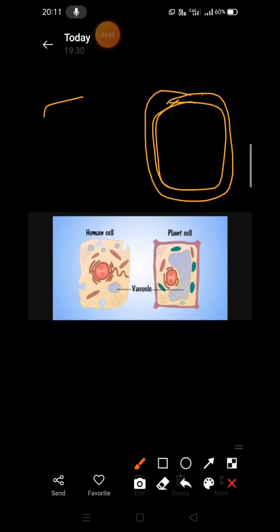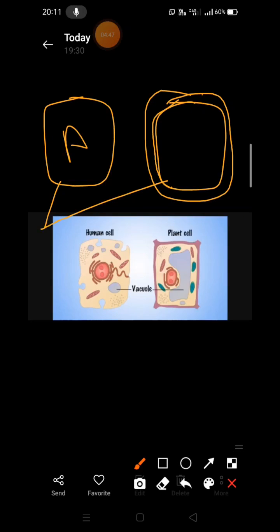Whereas animal cell does not have any cell wall, only cell membrane is there. So we can say that cell membrane is present in both animal cell and plant cell. But plant cells have an extra covering that is known as cell wall. So this is present only in plant cells.